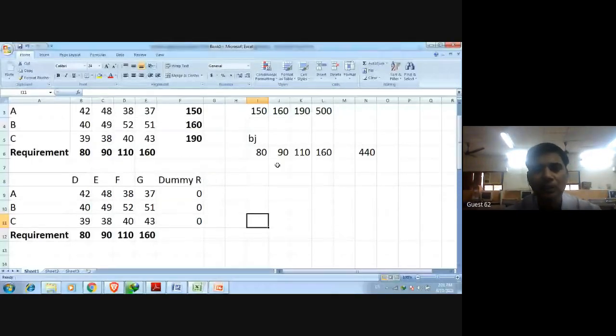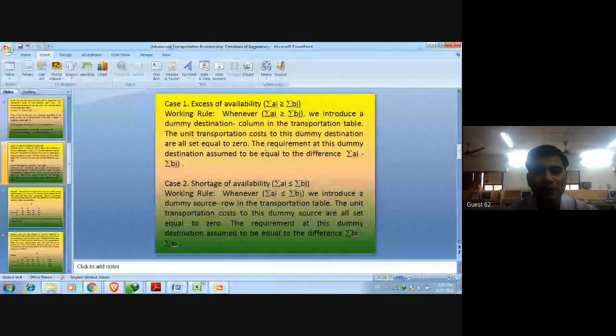Okay, and how much was less? So we have to add how much? Look here. The requirement at this dummy destination is assumed to be equal to the difference of summation of AI minus summation of BJ.